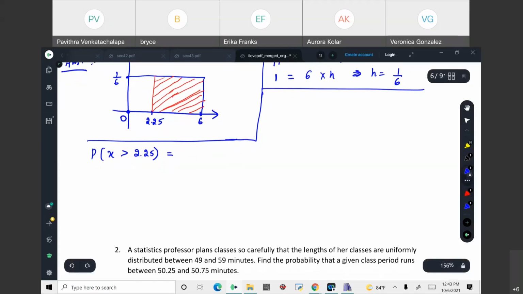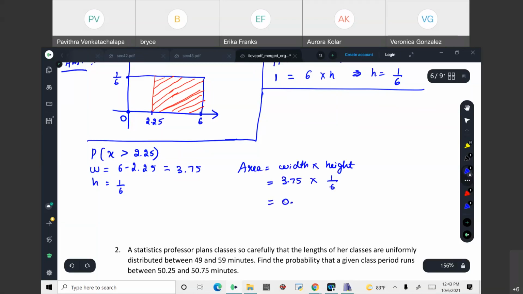You just have to find the width and height. Height is equal to 1 over 6. Width will be 6 minus 2.25. That is 3.75. Now, what is the area? Width into height. 3.75 into 1 over 6 is 0.625.